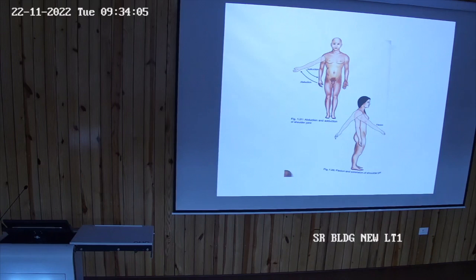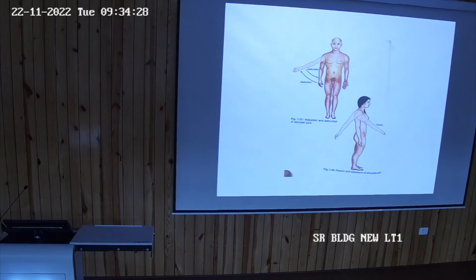And the books are written in systemic pattern. When you read the books, they describe in systemic pattern. But we will teach you the subject in the way of regional anatomy, region wise, according to the region of the body.